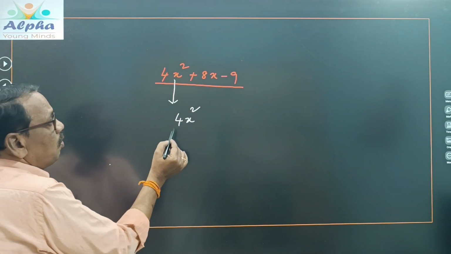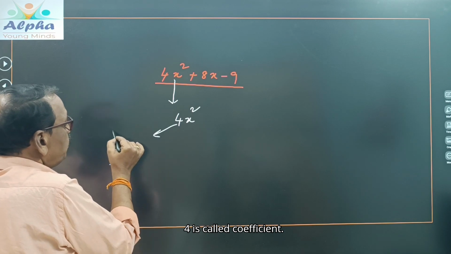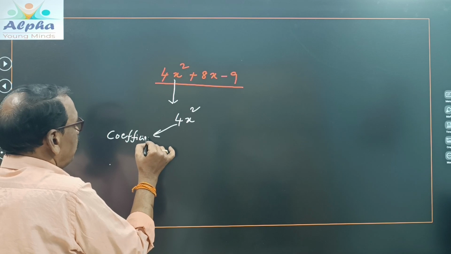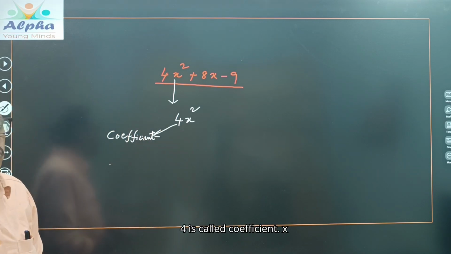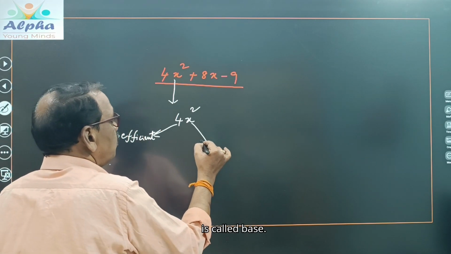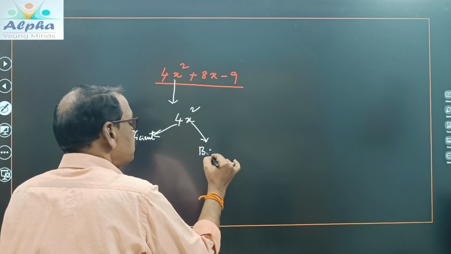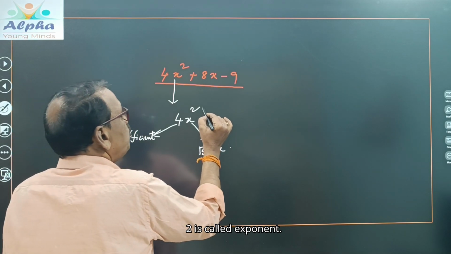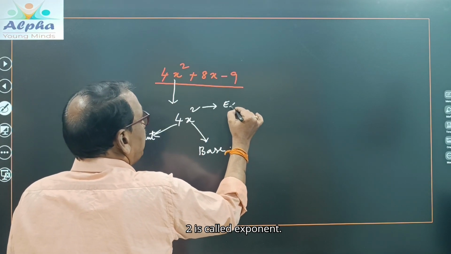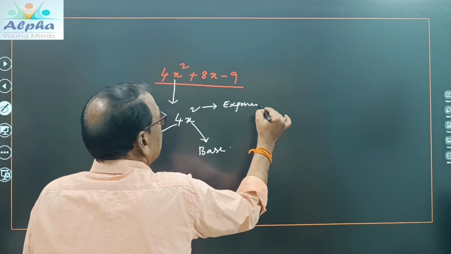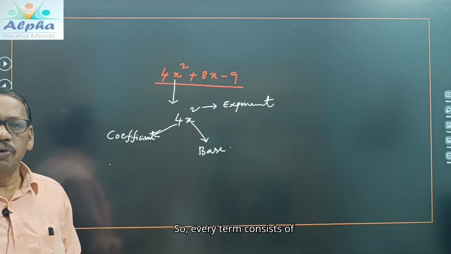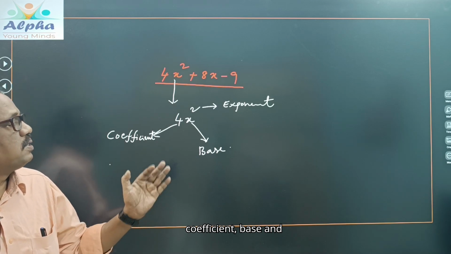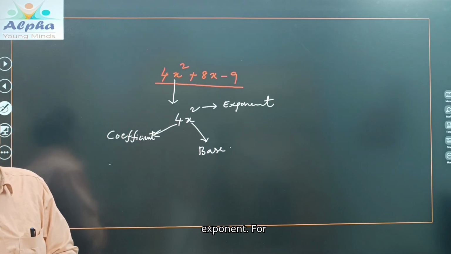You see, 4 is called the coefficient. x is called the base. And 2 is called the exponent. So every term consists of a coefficient, base and exponent.